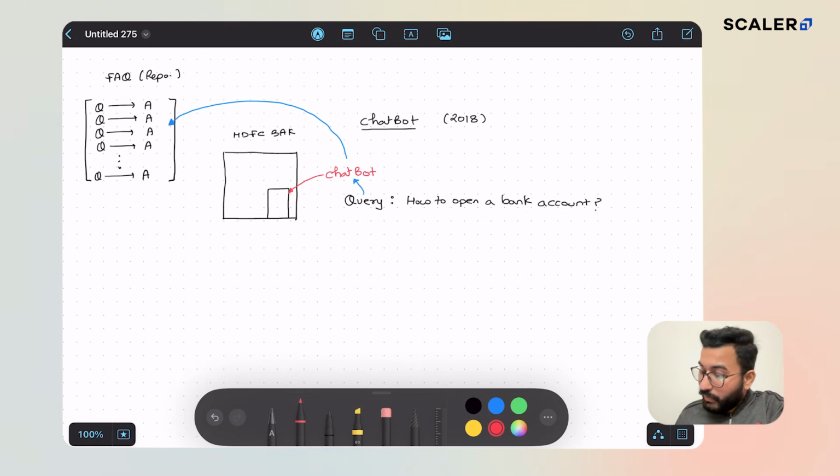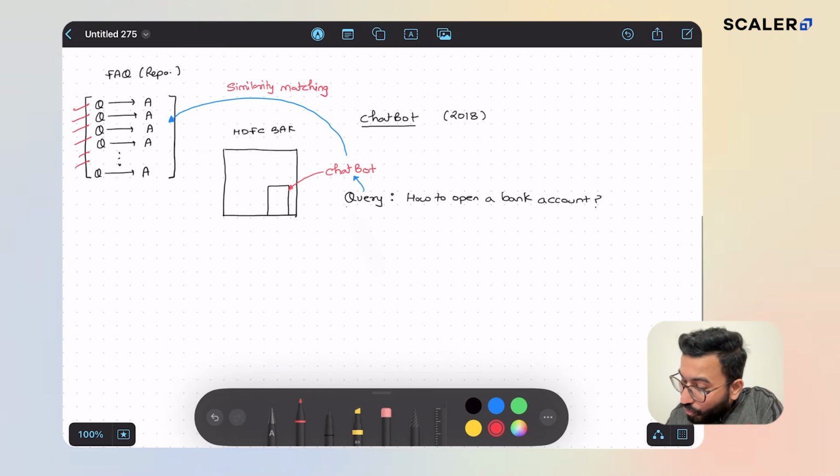What this chatbot performs is known as similarity matching. This is a very simple idea behind finding a similar question related to this query. It is simply finding out which of these questions are very close or similar to this query. And that is what this chatbot was doing.